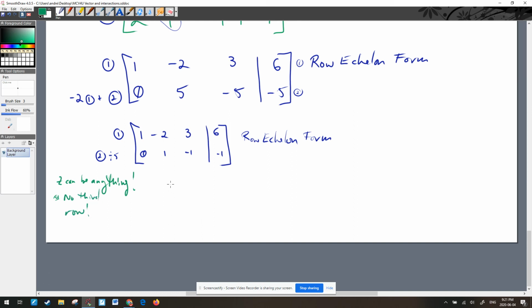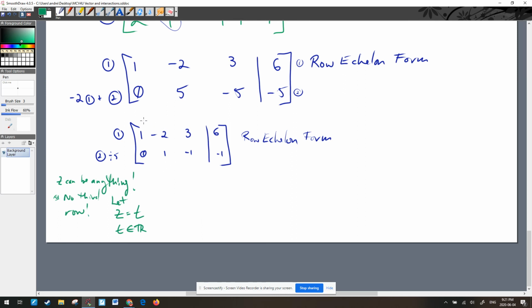So here's what I'm going to do. I'm going to let z equal t, where t is a member of the reals. So I'm just going to let z be a variable. You're like, what? Fine, watch.